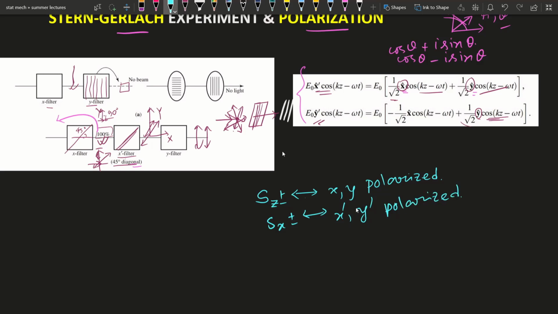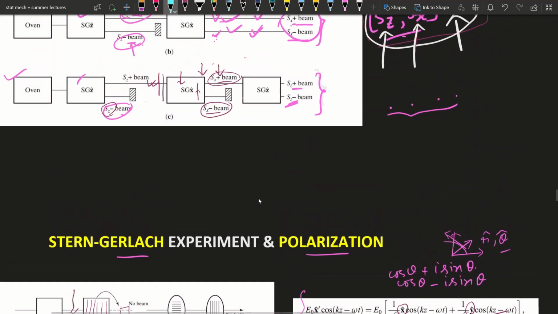Then what we discussed is that first we pass the Sz component. Sz component here means the x polarized light, so we pass the x filter first. The x filter means the x component light, which is equivalent to the SGz.